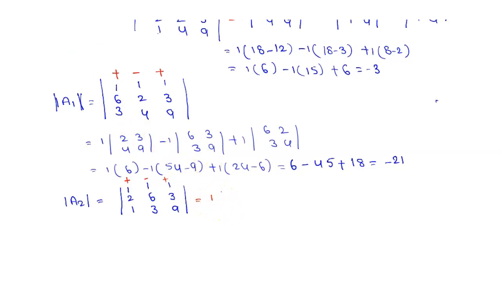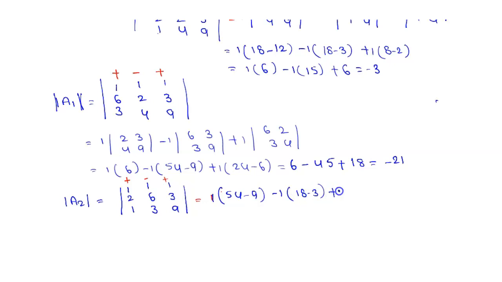So this is equal to 1 into 6 9s are 54, minus 1, directly I am writing, minus 1 into 2 9s are 18, 18 minus 3.